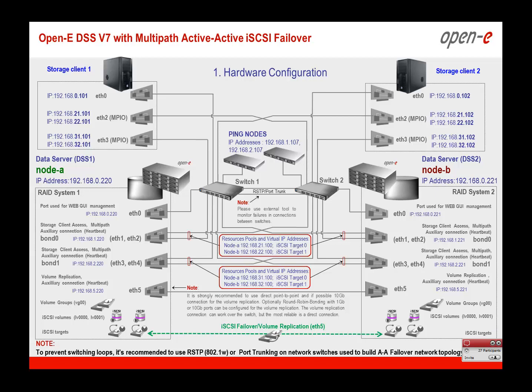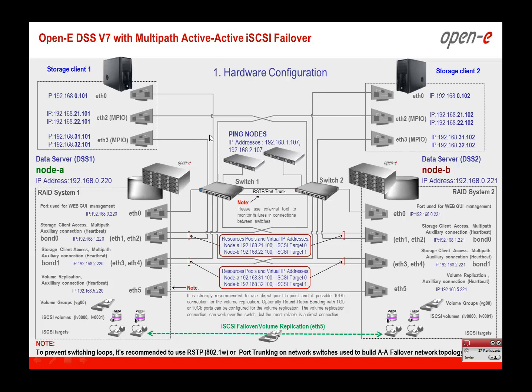So you will need to put in two switches, and you will need RSTP or a trunking connection between the two switches, because you don't want a single cable between them. You want a redundant connection, and maybe for better performance you will need two cables connecting the switches. So it is really important that you configure RSTP or port trunking here. Okay, so that's the switches.